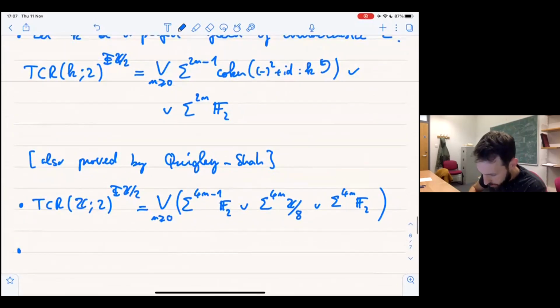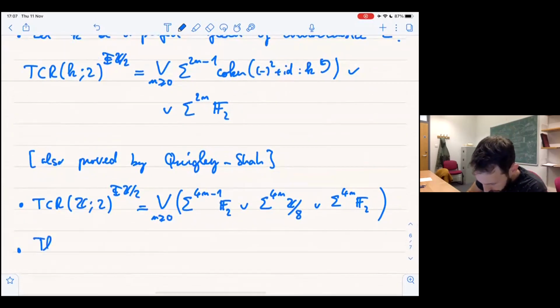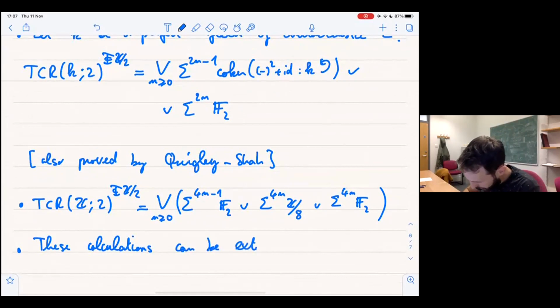So these calculations can be extended via base change.